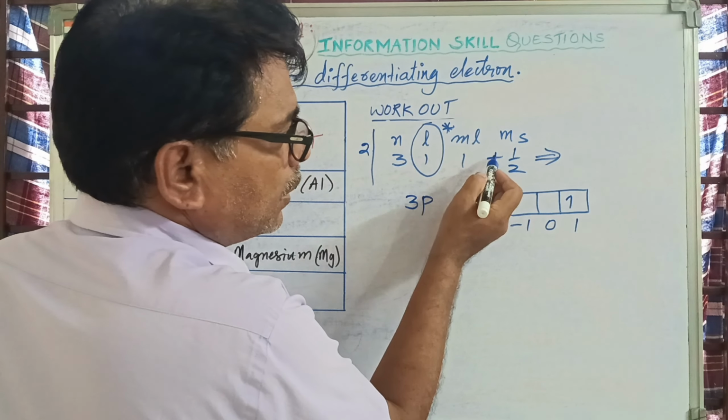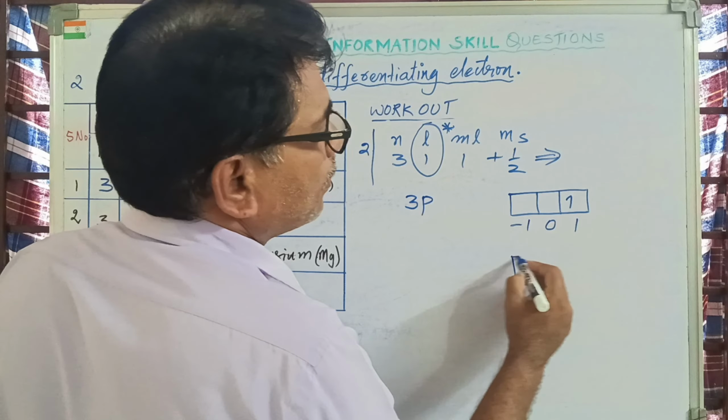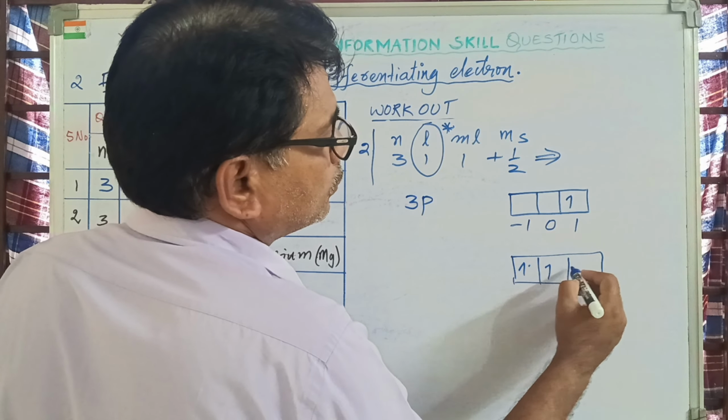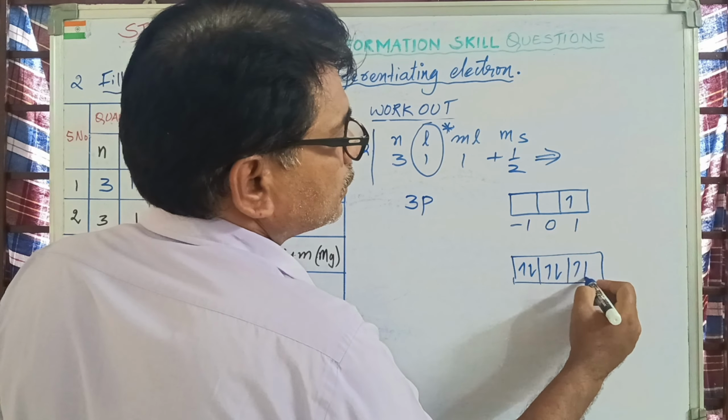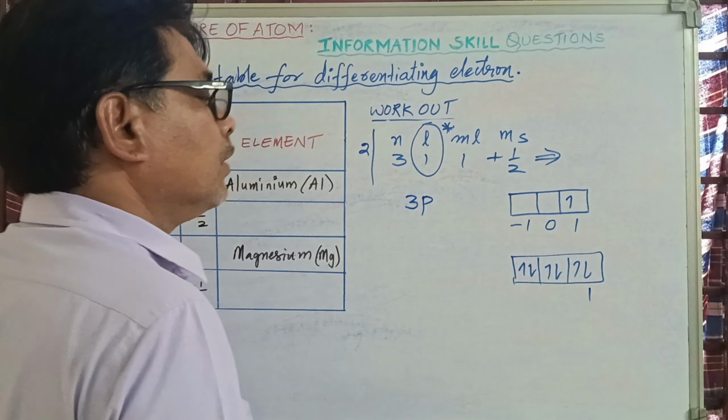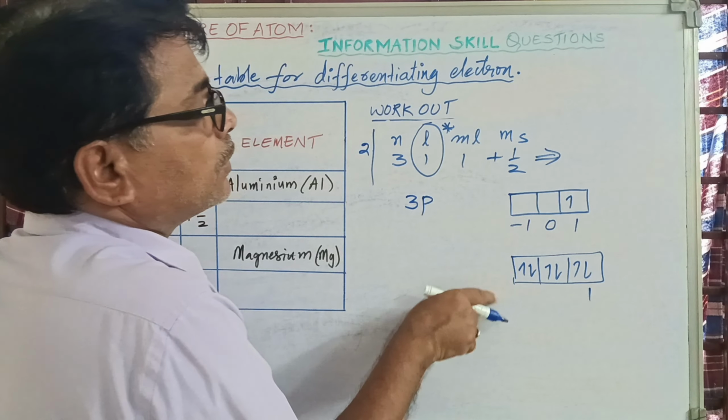Sometimes why not like this, 1, 2, 3, 4, 5 and the 6th one, because it also comes under the same magnetic orientation 1. That's okay. Now how to distinguish these two?